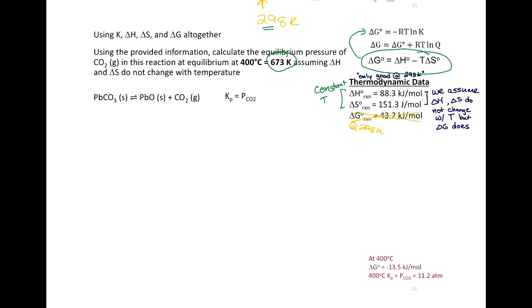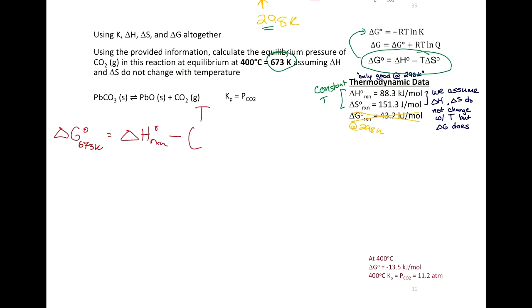I already gave you the deltas of this reaction. So simply, I'm calculating what is my Gibbs free energy change at 673 Kelvin, given this new temperature and assuming delta H and delta S do not change with temperature. So essentially what I'm doing is using these thermodynamic knowns.